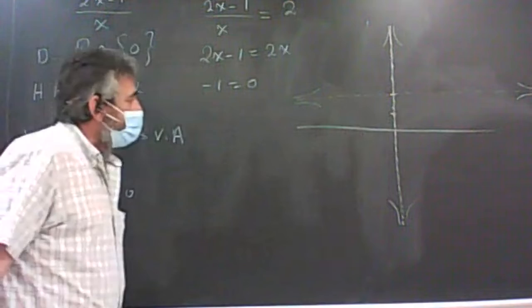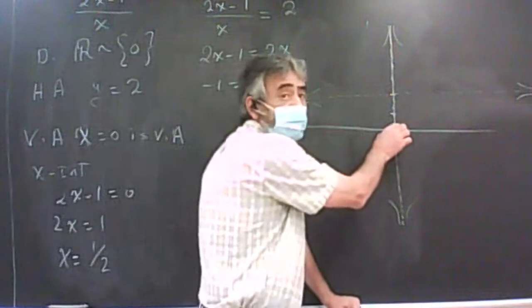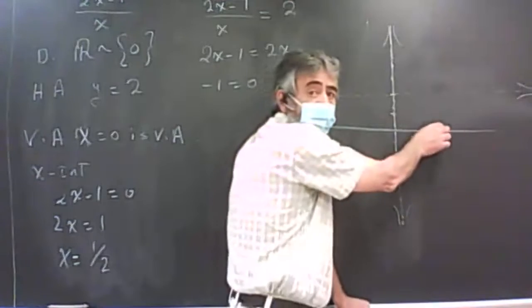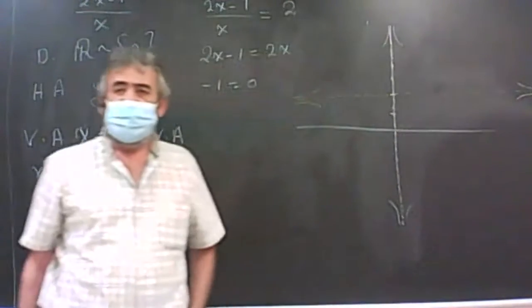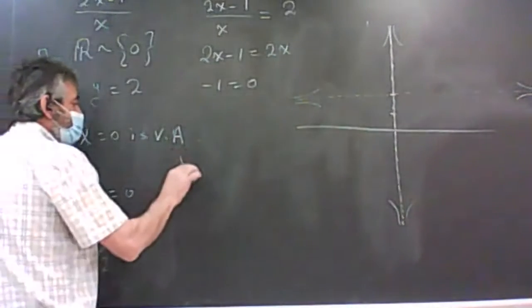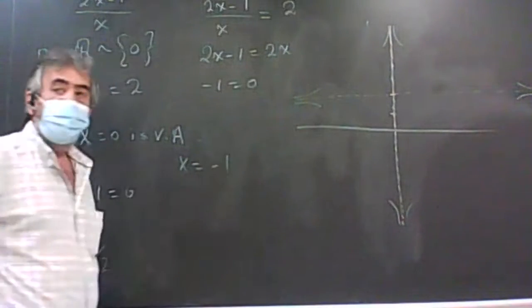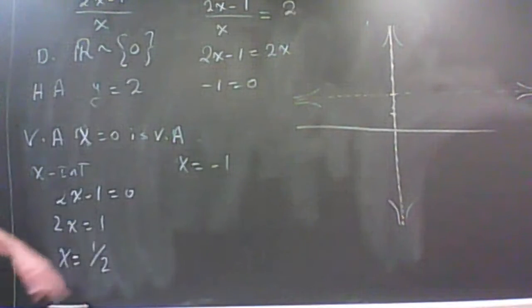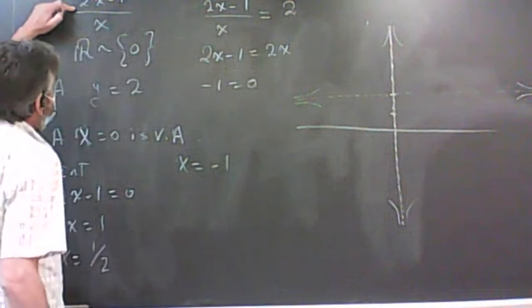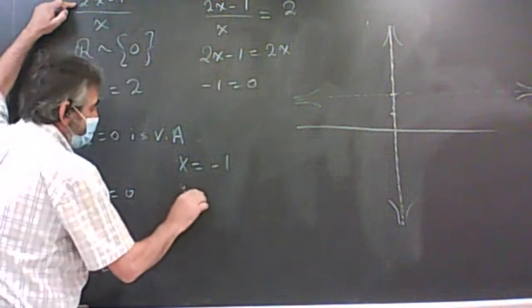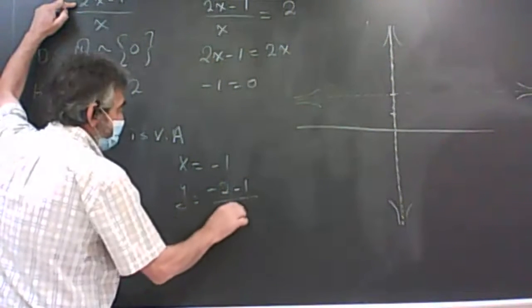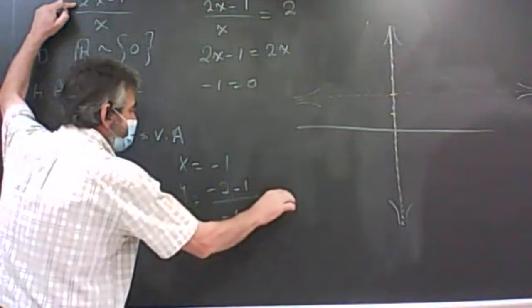Okay, where am I here? At 0, right? So I can take a point on this side, a point on that side, and see what happens in each case. On the left of 0, let's say x equals -1. When x is -1, what do I get? On top, we're going to end up with y equals -2 minus 1 over -1, which is going to give me 3.